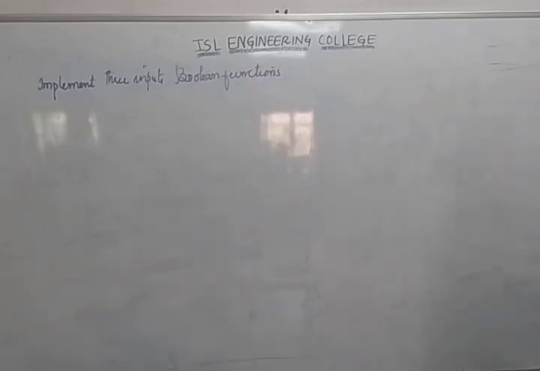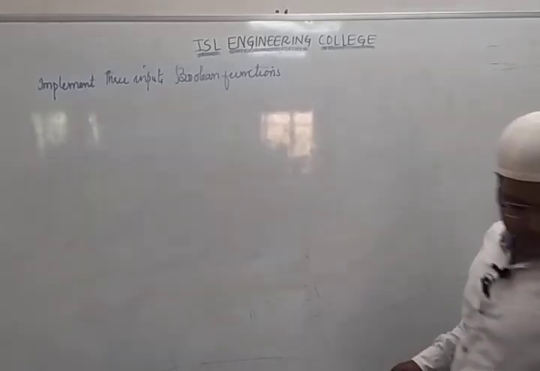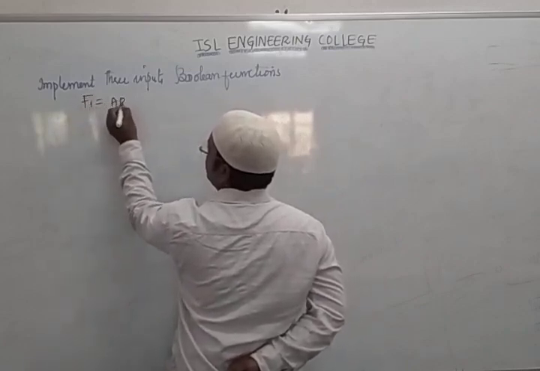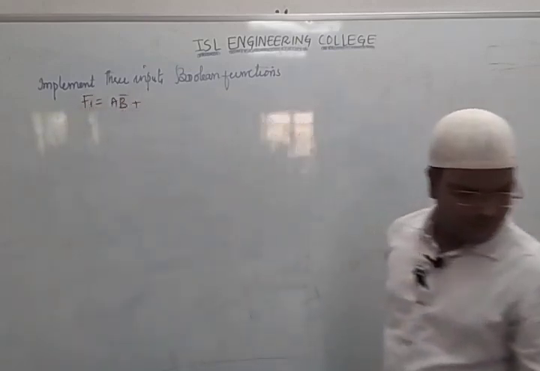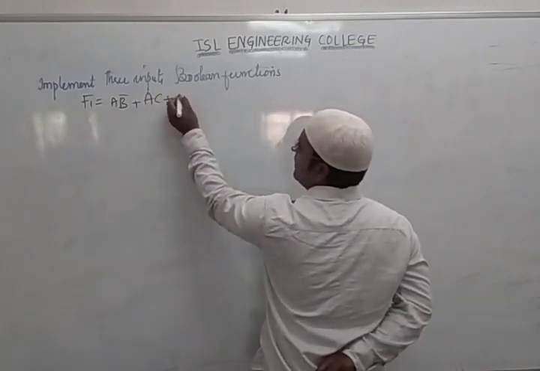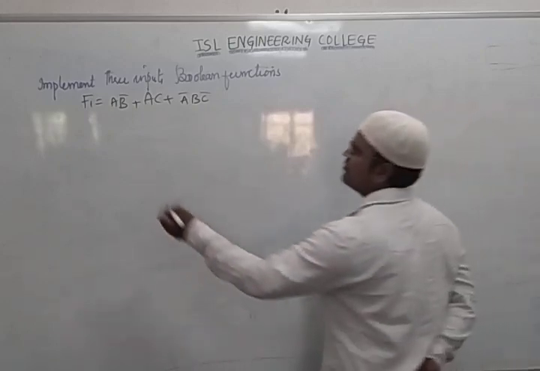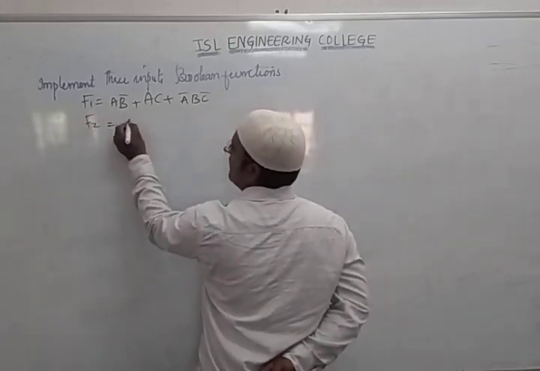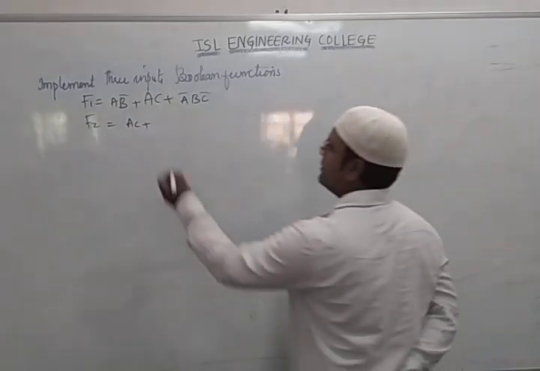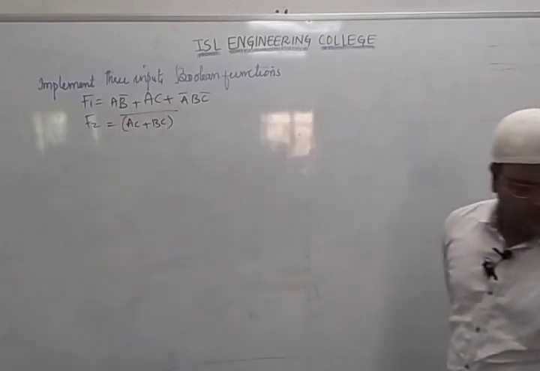F1 is equal to AB bar plus AC plus A bar B C bar. This is the first function, and the second function F2 is equal to AC plus BC, whole complement, it's a whole bar, using PLA.